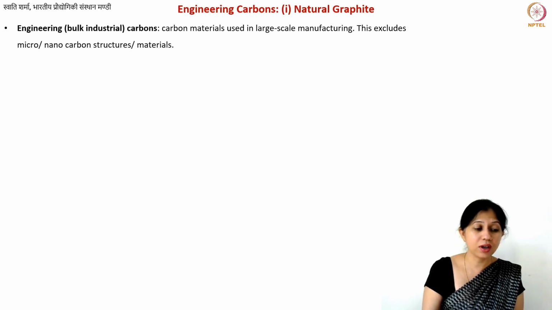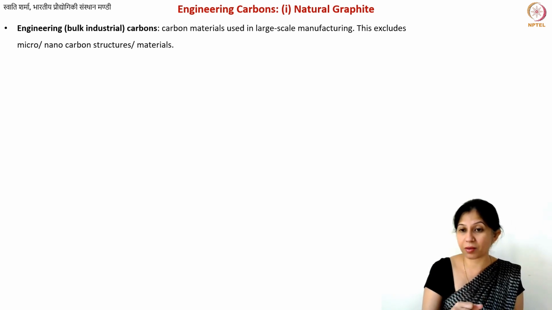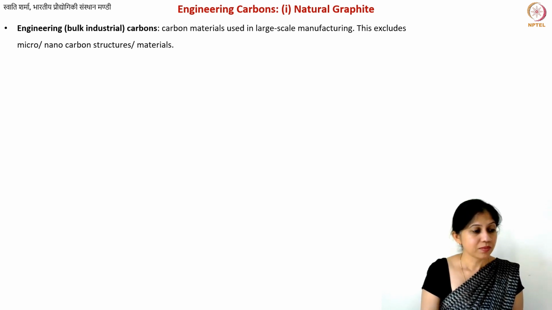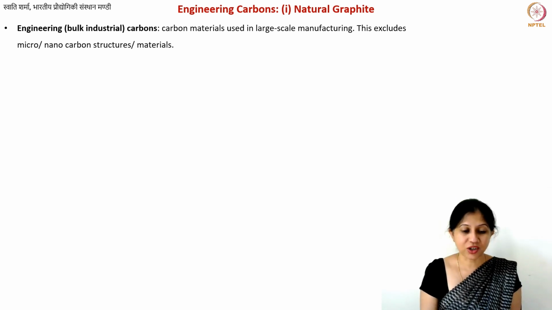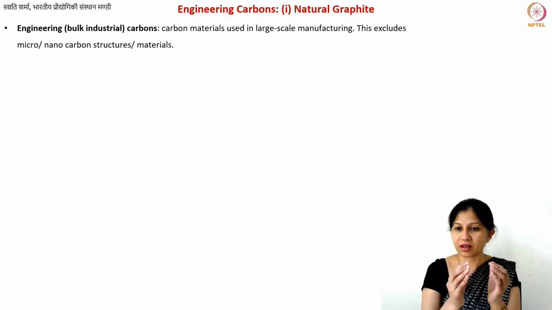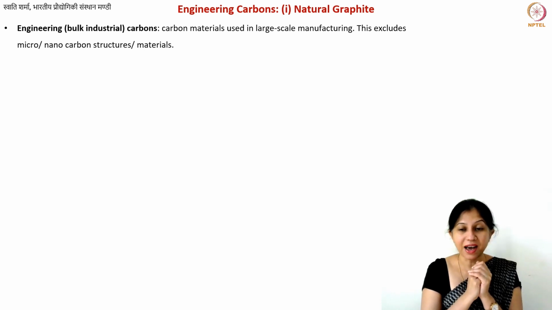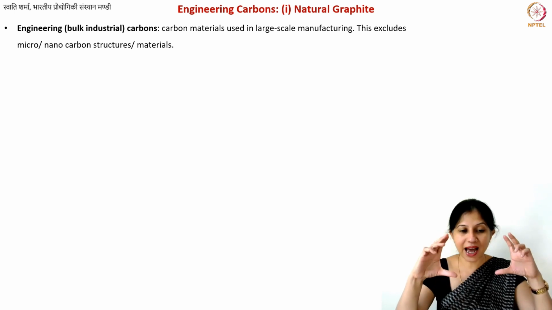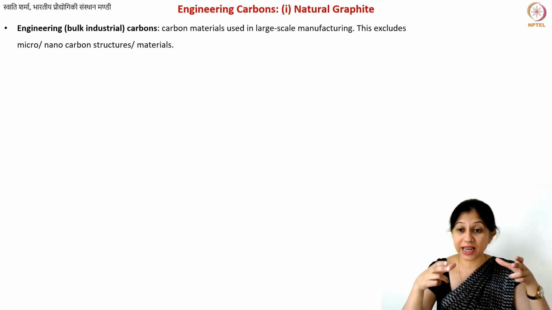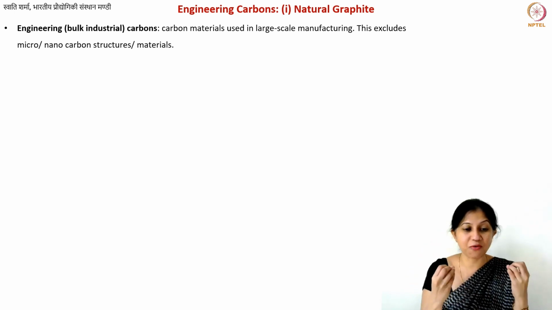Now you can use some of these carbon materials for making structures and devices. So what's the difference between a structure and a device? A structure is just any shape that you give to any material, any specific shapes of specific dimensions. A device is where you have used multiple structures, and now that particular set of structures has a function.